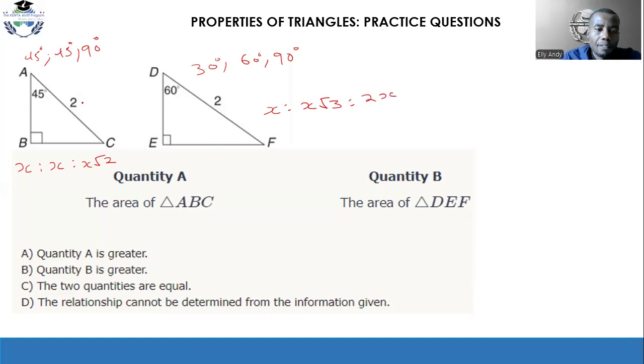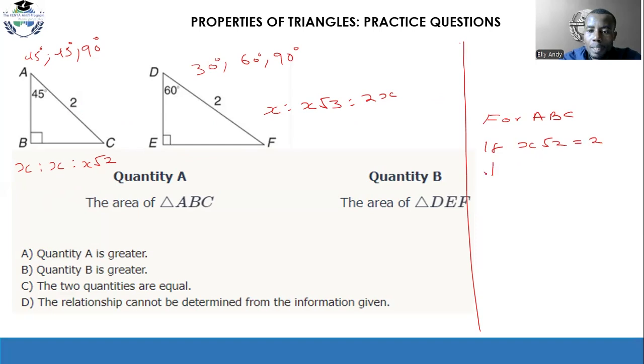So if we have the hypotenuse as 2, and the hypotenuse corresponds to this last point, that is X root 2. So let's see for triangle ABC. For ABC, if X root 2 is 2, then X will be root 2. So we have both the base and the height as root 2.